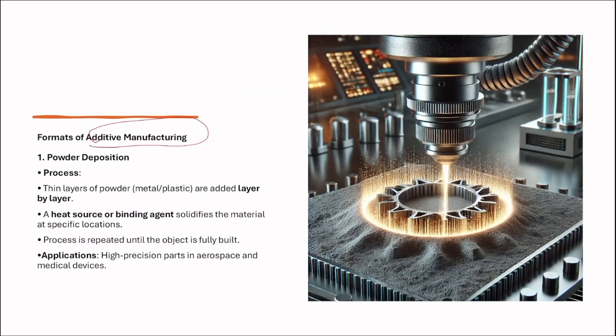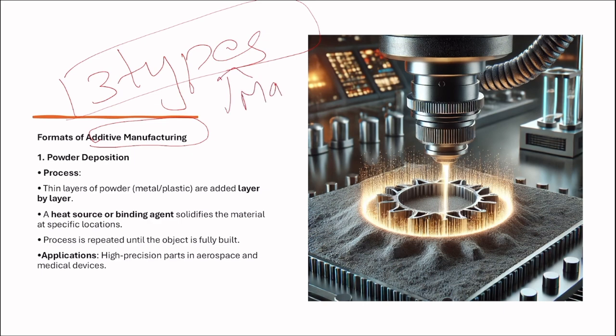In additive manufacturing, you have 3 types based on the materials you use. This is the printer inside, and it will start preparing layer by layer. Now you want a cup. The first one is powder deposition. The material we use here is thin layers of powder.